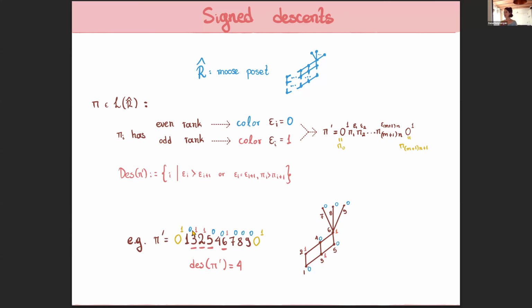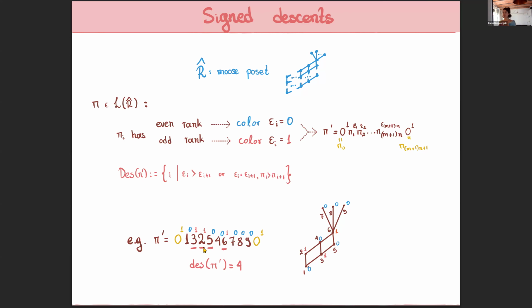And then I want to define descents for this signed permutation version, this colored permutation. In the case where 2 consecutive entries have the same color, the same definition of descents applies: I want a larger number followed by a smaller number. For example, here I have 3 with color 1 followed by 2 with color 1. But when I have a change of color, I get a descent when I go from a larger color to a smaller color.